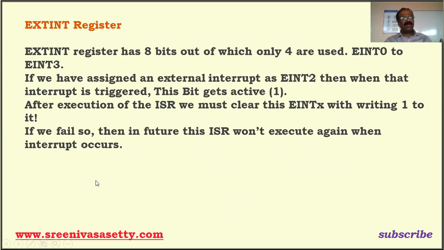What is the purpose of using this particular register? Once you enter into the ISR, then after completion of that work, we have to reset the bit, meaning the interrupt request is serviced. Therefore, we have to clear that particular bit.